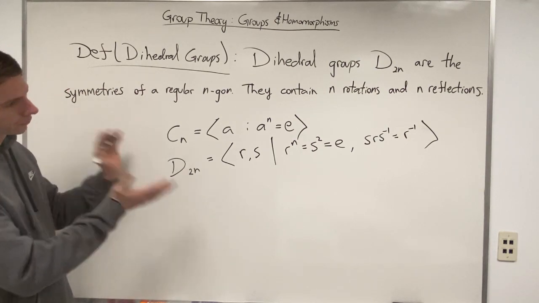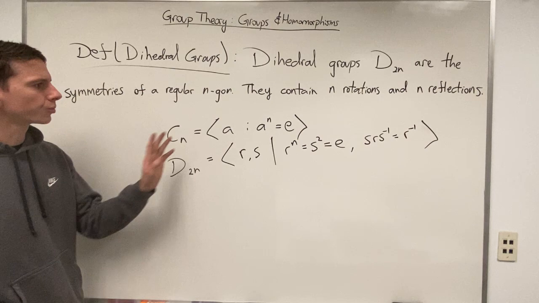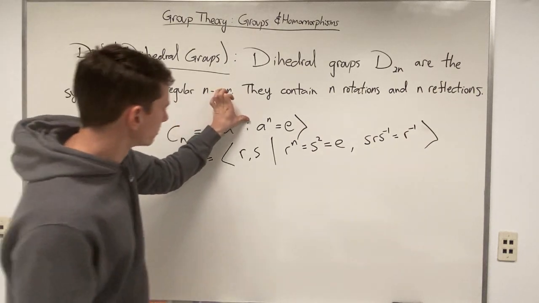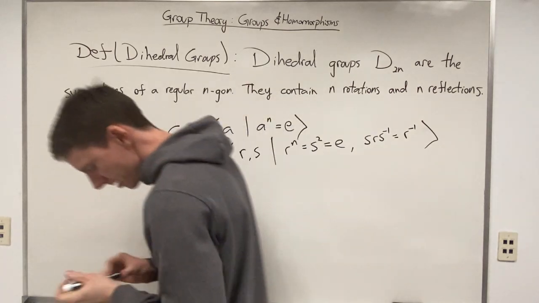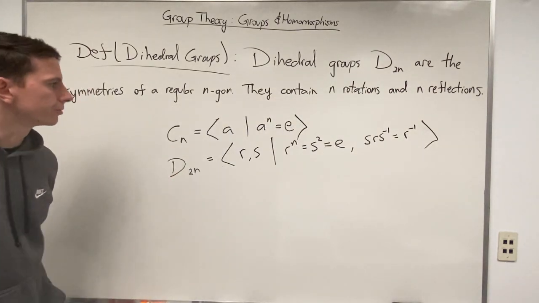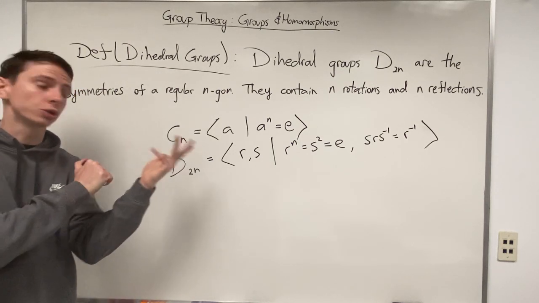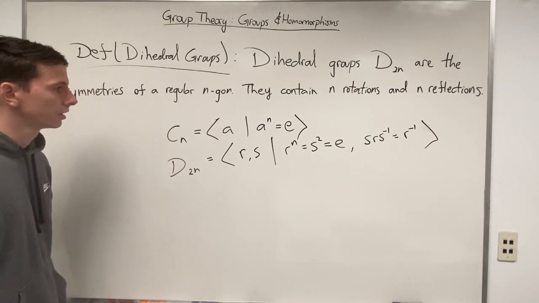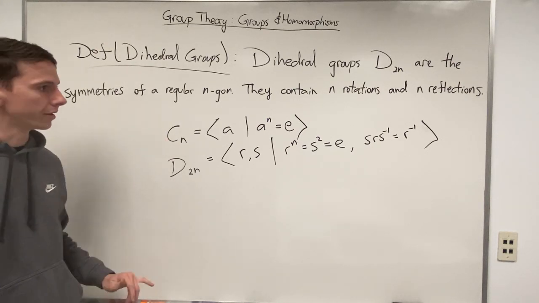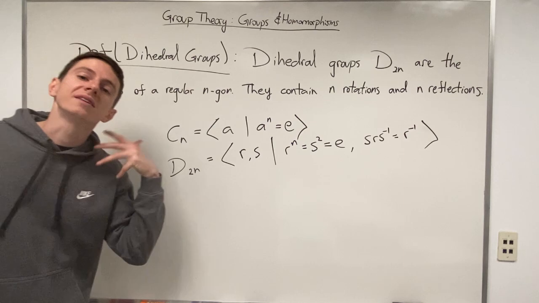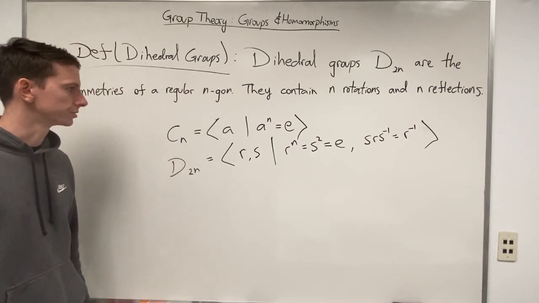Okay, so we've written out some notation right here, and I just wanted to go through this so we're familiar with it going forwards, because we could write something as C sub n or D sub 2n, but really what does that mean? What are the algebraic properties of these groups?